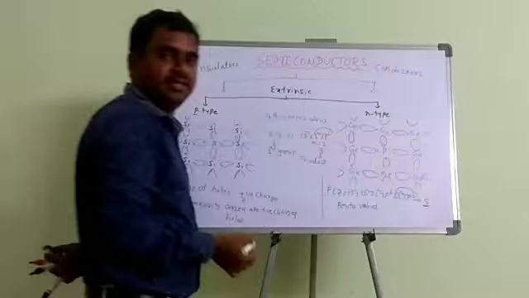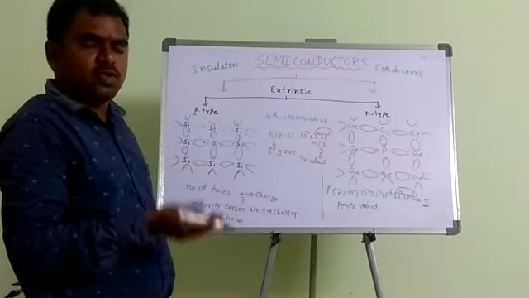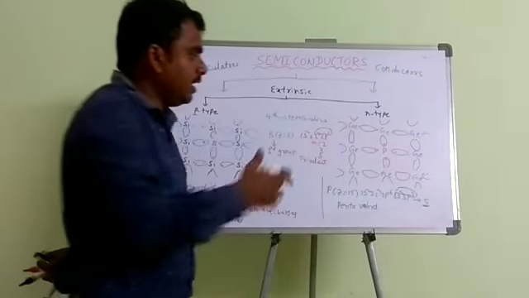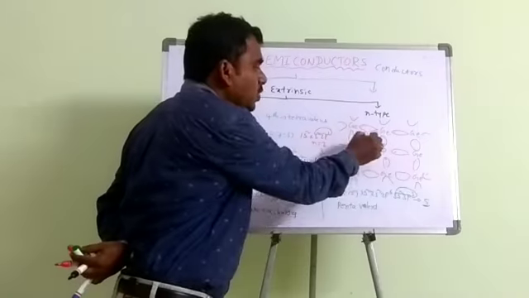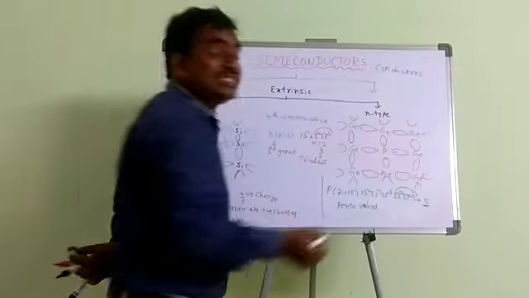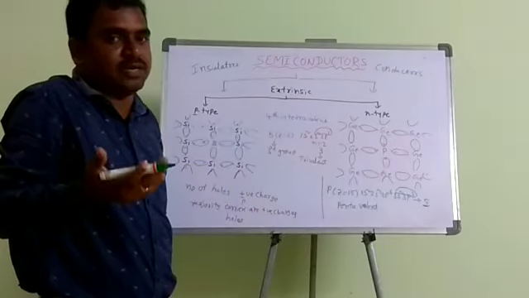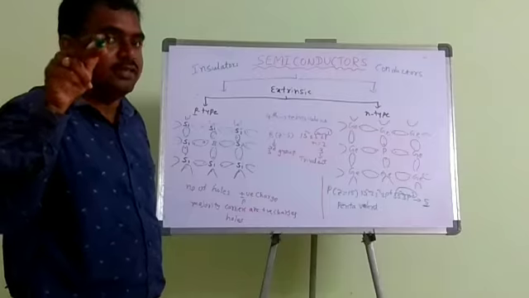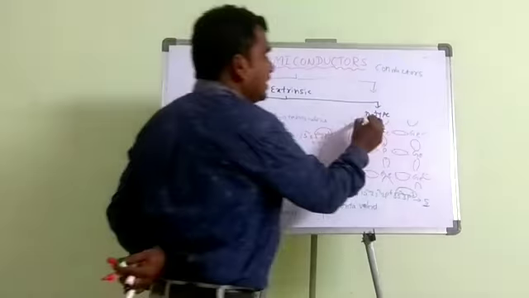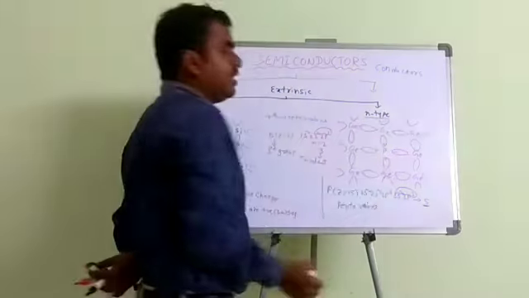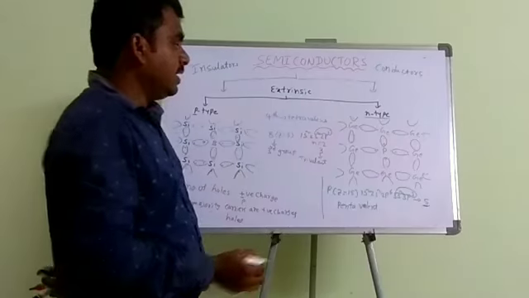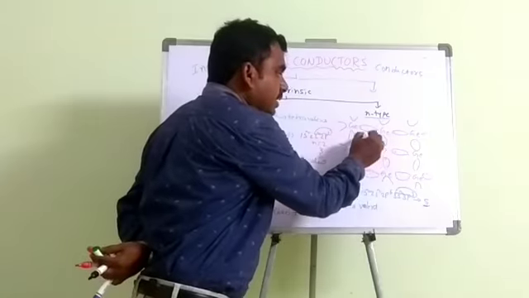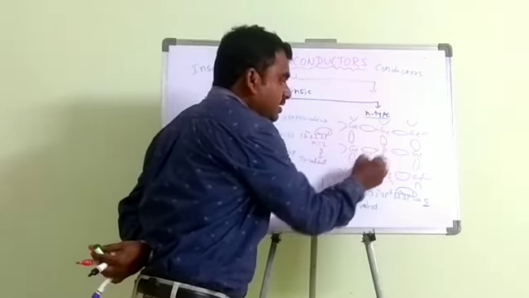If you dope with a number of phosphorus atoms, you will get a number of excess negatively charged particles, electrons. Such semiconductors are called n-type semiconductors. In n-type semiconductors, the majority charge carriers are electrons.